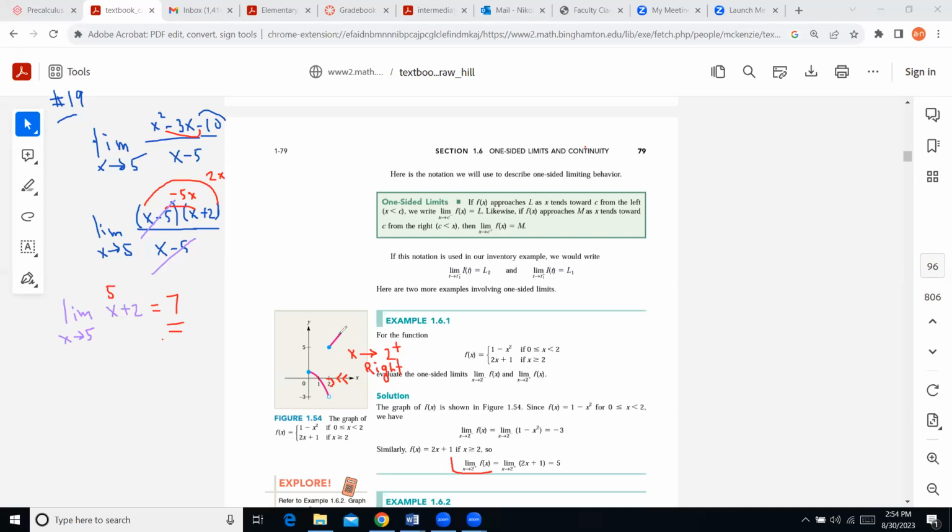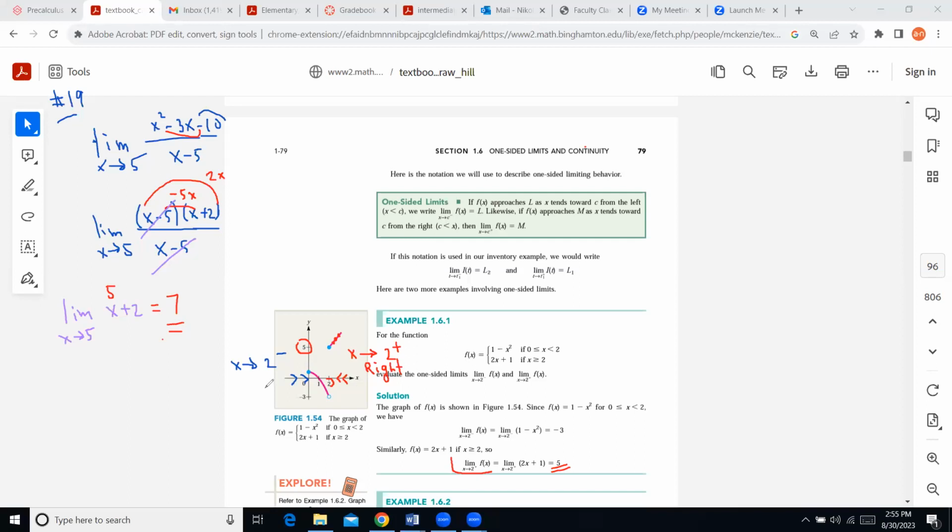And when this happens, we're on this upper piece. So we're actually getting closer and closer to number 5. But x may also be approaching the same number 2 from the other direction. And people say that's from the left side. So x approaches 2, but x is lower.